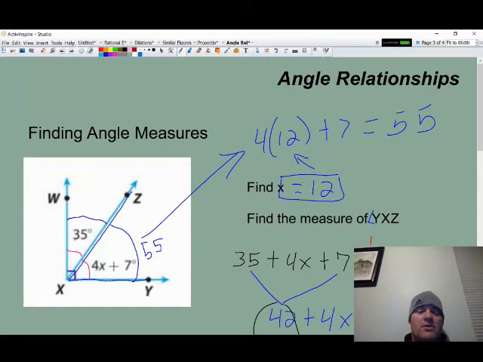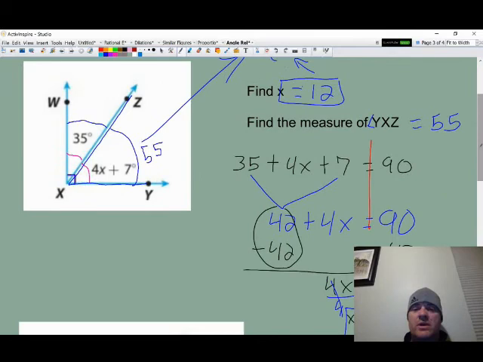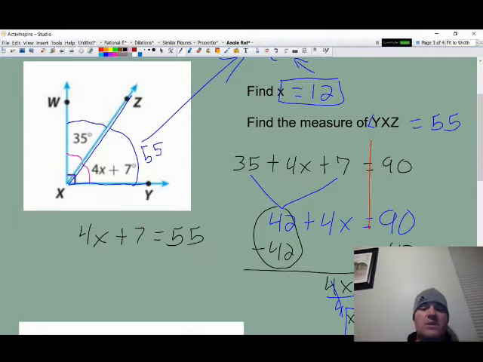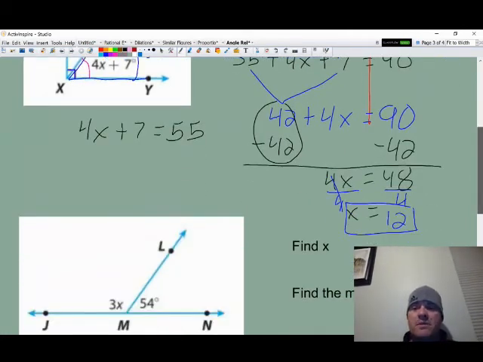So all you have to do is subtract 35 from 90, and you knew that this was going to be 55, and you could have written that answer in right away. And then you could have written a different equation, 4x plus 7 is equal to 55. Solve that, and you would have got x is equal to 12. That could have been an easier way. Okay, both ways, 100% work.